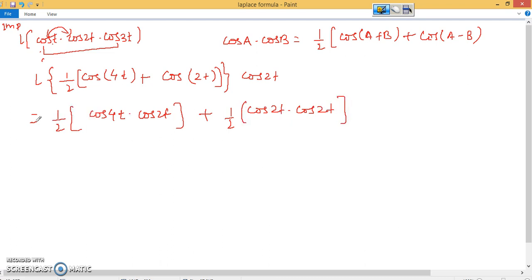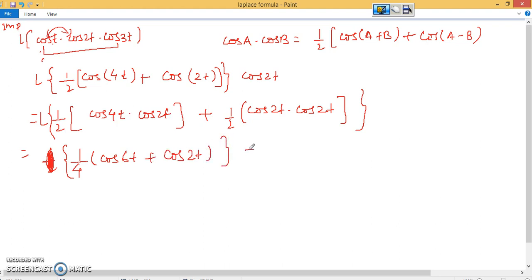So here again this is your product form. So again you have to apply this cos A into cos B formula. So we can write 1 by 2 and 1 by 2 and again 1 by 2, 1 by 4 cos of A plus B, cos of 6t, plus cos of 4t minus 2t is 2t.